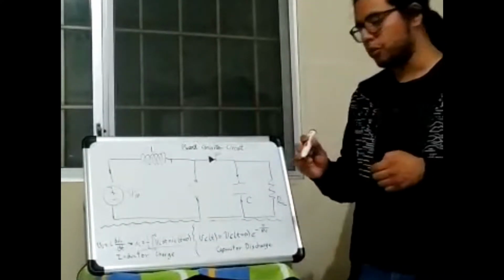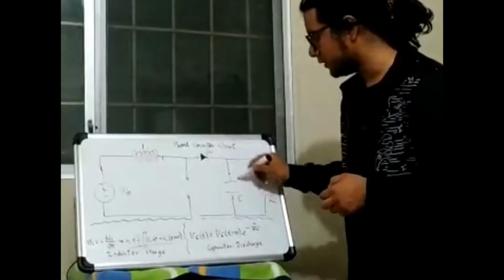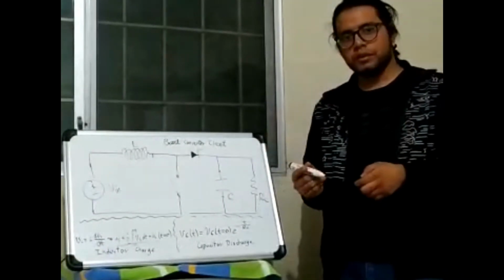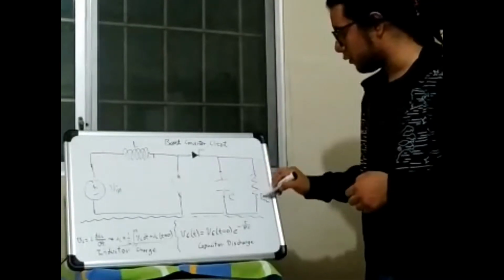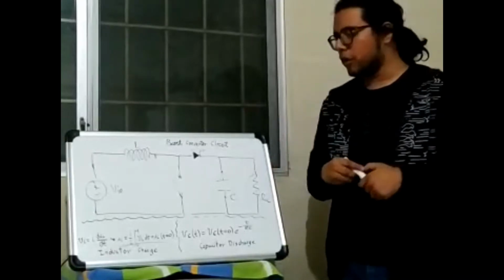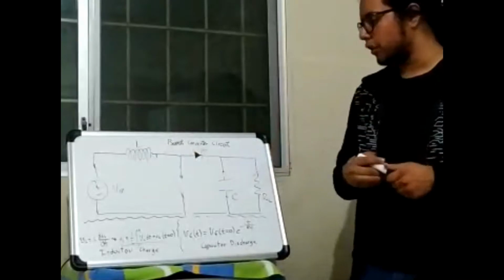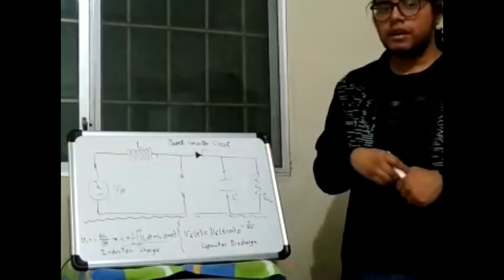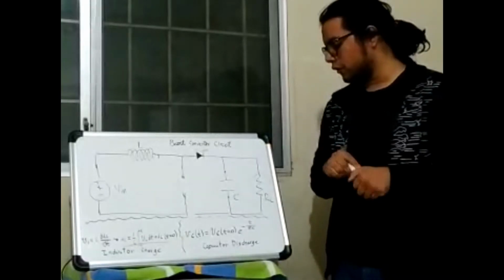So it's going to increase the current that is going to the capacitor, increasing the voltage that is going to fall in the resistance. So this is why this is a boost converter, because of the current that is going to be added to the capacitor and is going to increase the voltage.